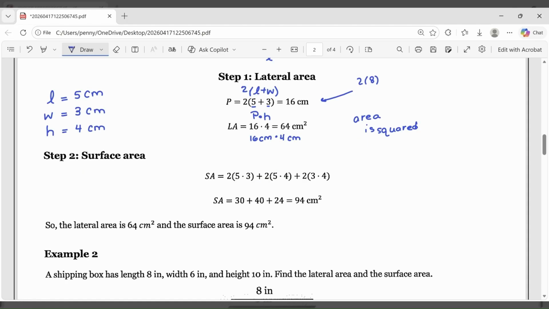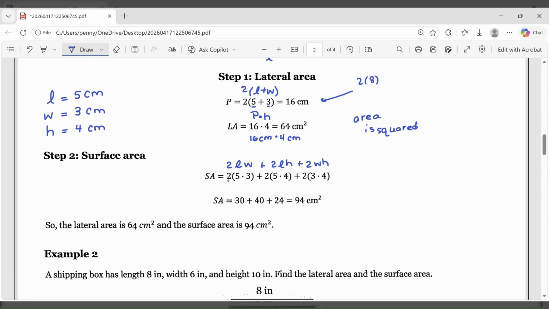So our formula was 2LW. So 2 times 5 times 3 plus 2LH, 2 times 5 times 4, plus 2WH, 2 times 3 times 4.